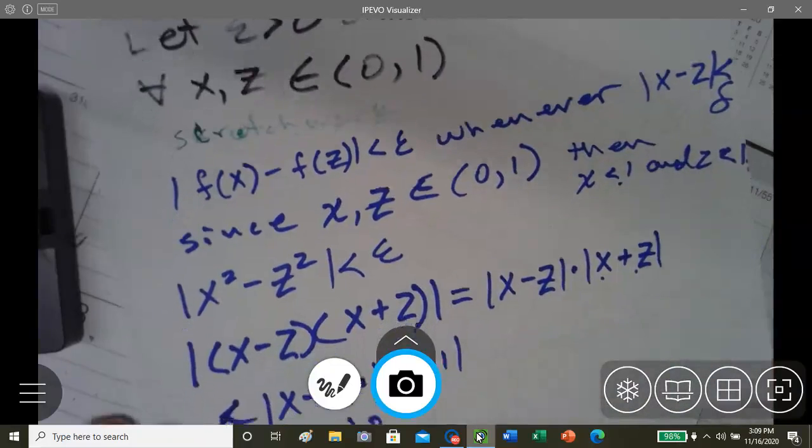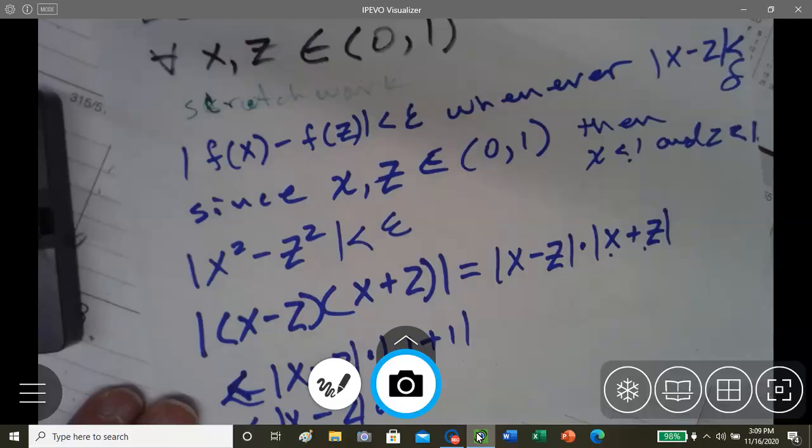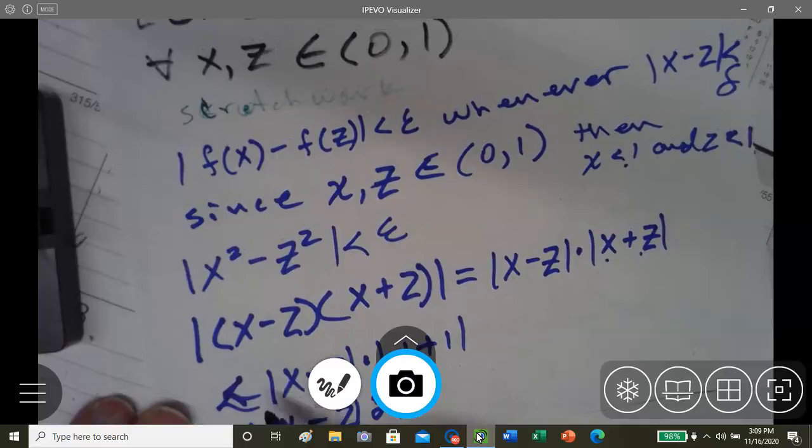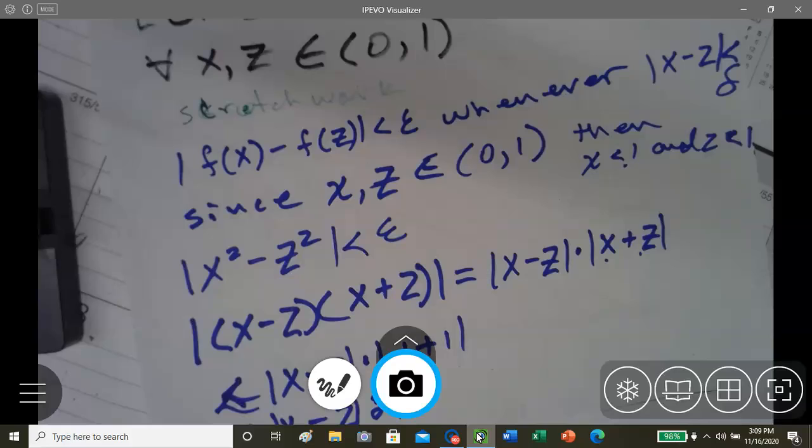So we can say here that x minus z is the same as delta. So that would be delta times 2, and that would be less than 2 delta.